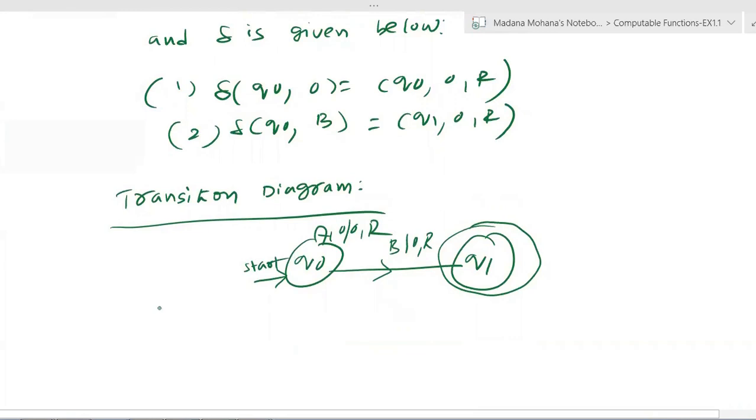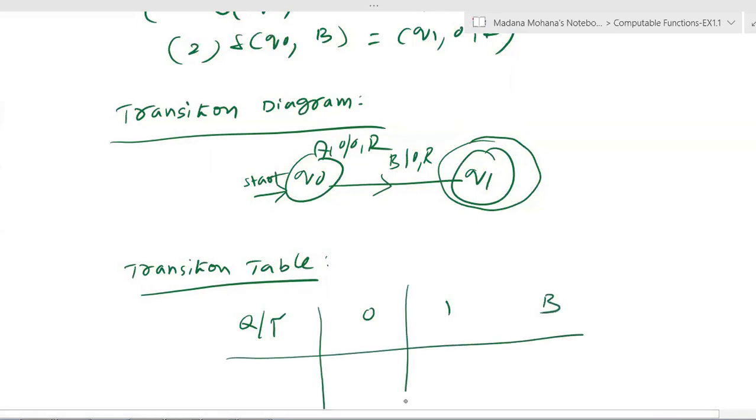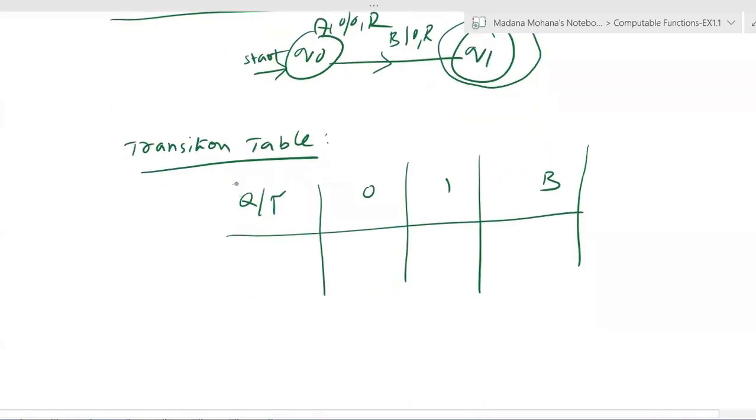Then similarly, draw its transition table. Transition table. So here we have only two states, that is Q by tau. Here the tape symbols are 0, 1, and the blank symbol. Then add the transitions here.